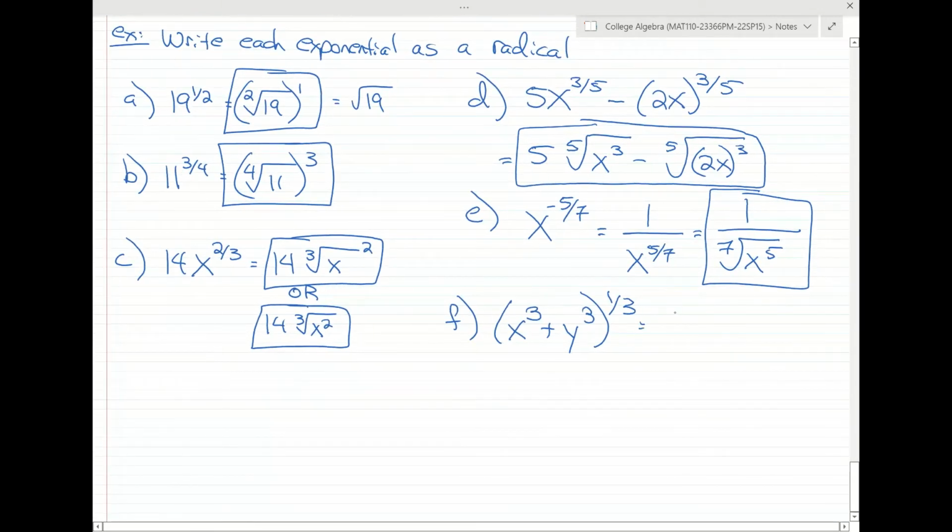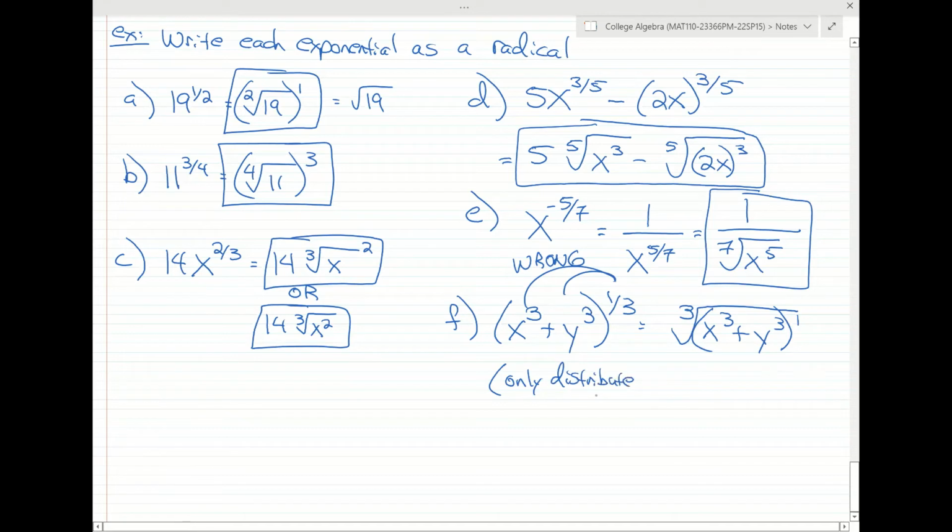This just means the cubed root of x to the third plus y to the third to the first power. You're not allowed to do this. This is wrong. You can only do that if it's multiplication. All right? If it's over addition, you can't do that. Only distribute over multiplication, not addition or subtraction.